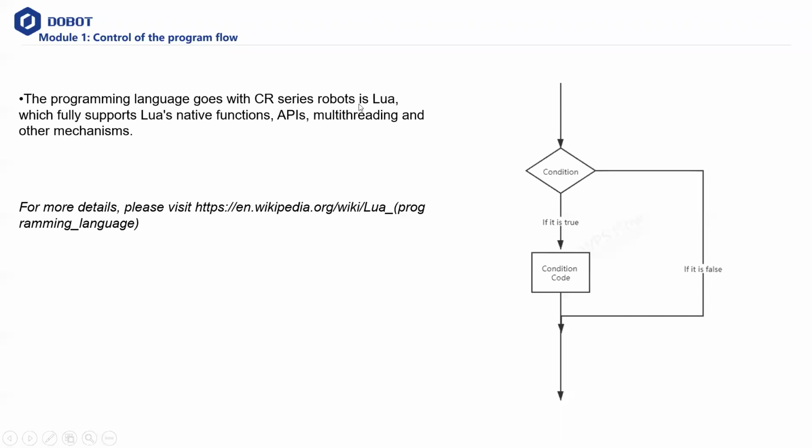It goes with CR series robots in Lua, which fully supports Lua's native functions, the APIs, the multi-threading, and other mechanisms. So for the details, if you want to learn more about the Lua language, you can go to this website to learn more about Lua.